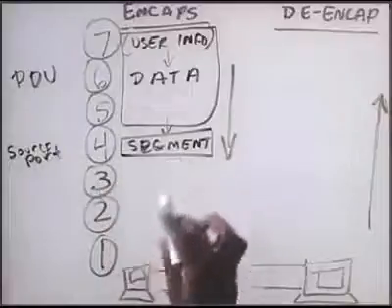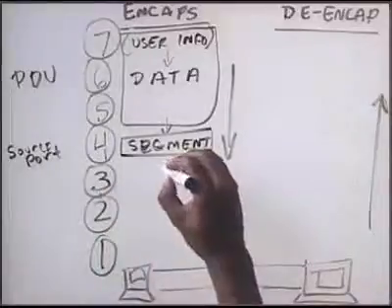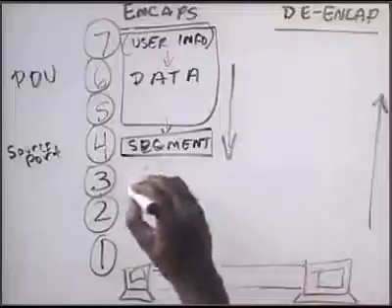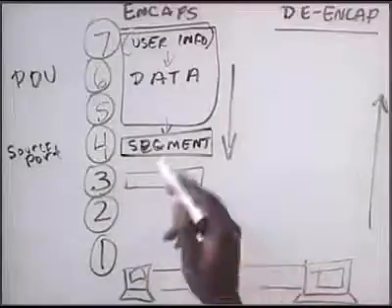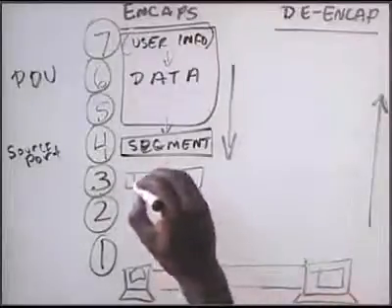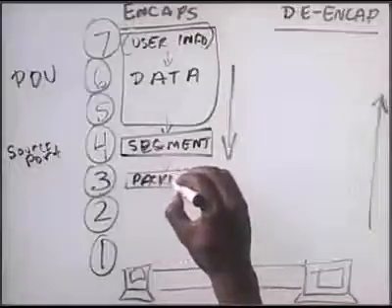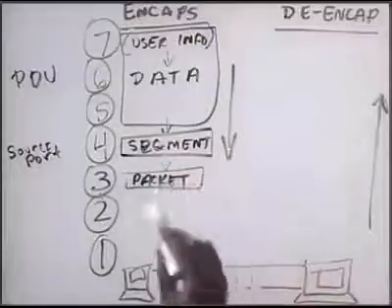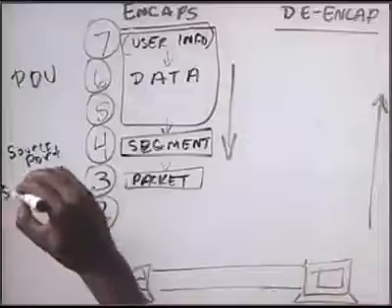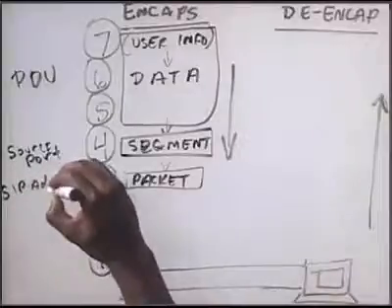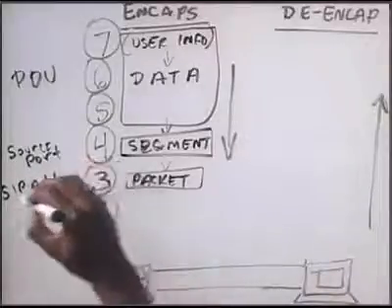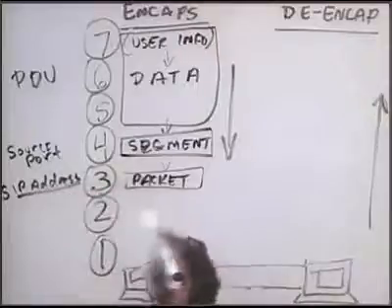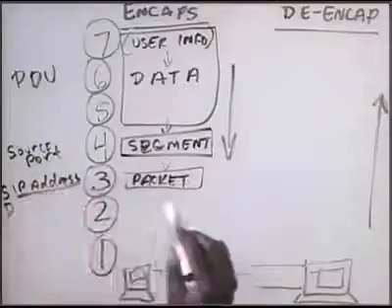Then that segment is passed on down to layer 3, where it's encapsulated again with a packet header. That packet header contains source IP address and destination IP address.